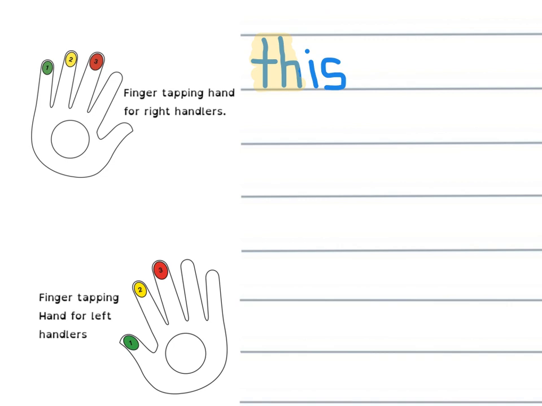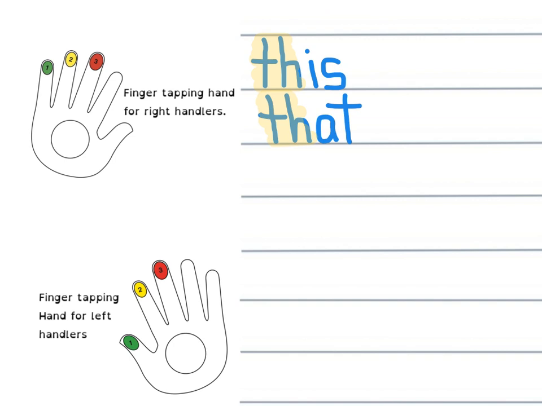Okay, hopefully you pause the video and you're ready to watch mine now. That. And I'm going to highlight that digraph again. And I have the word that. Okay, the next word, them.